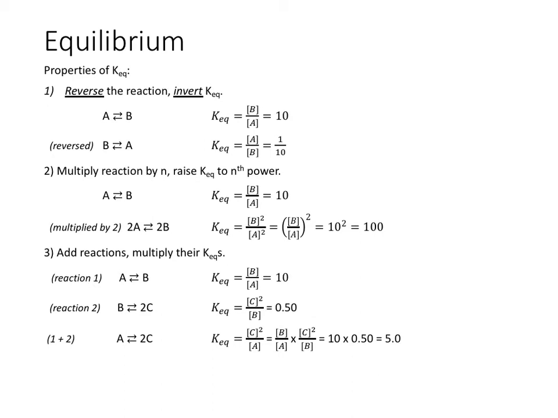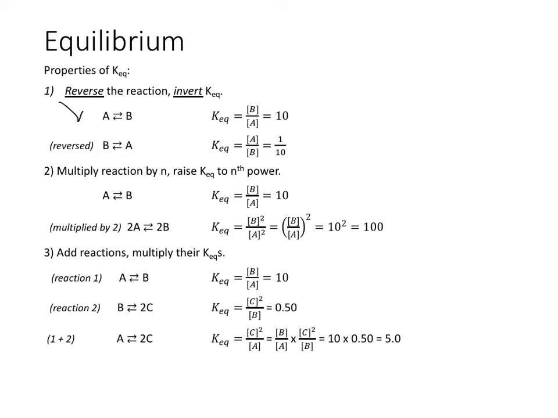Now, there are some distinct properties of the equilibrium constants, KEQ, that we need to talk about. If we reverse the reaction, we invert KEQ. Notice, here is our initial reaction, A in equilibrium with B. So again, my equilibrium constant is B divided by A, and we've said that's equal to 10.